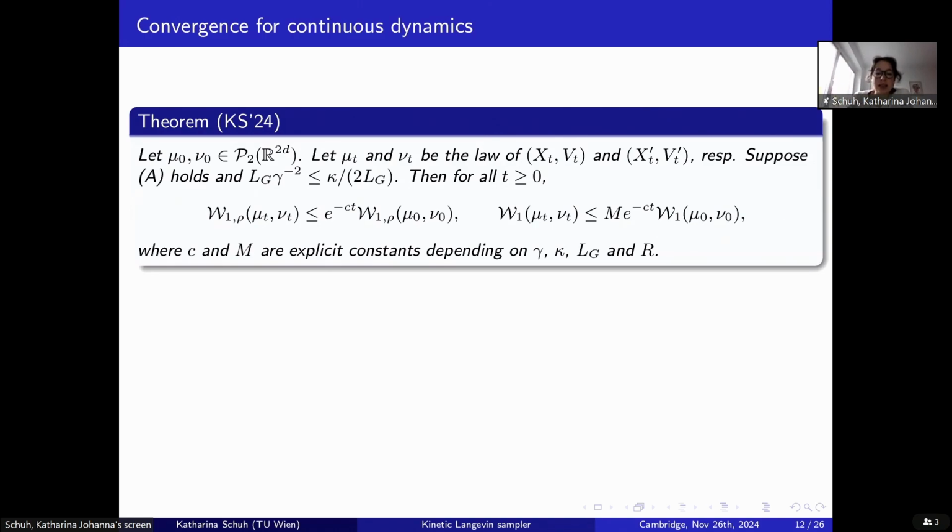And this contraction constant C depends on the parameters occurring already in our assumptions: gamma, kappa, LG, and this R.